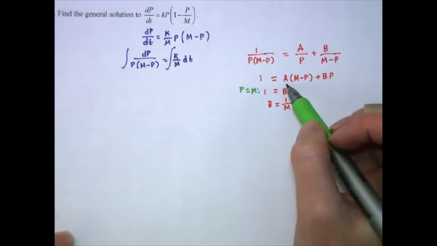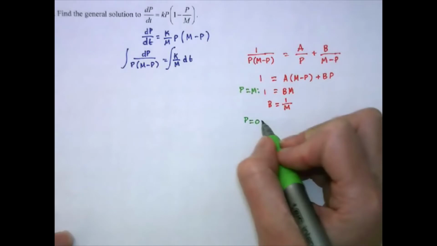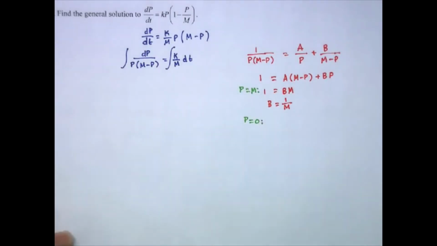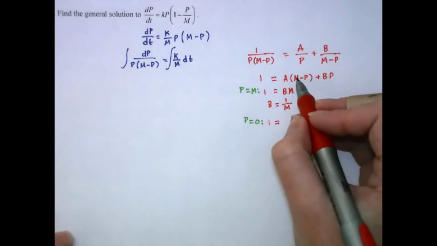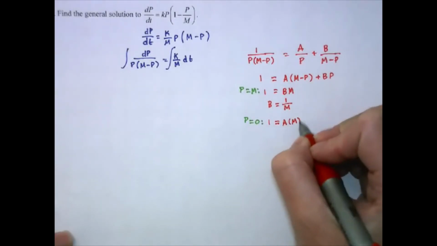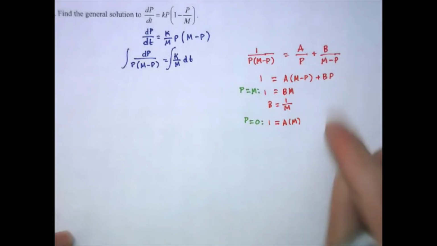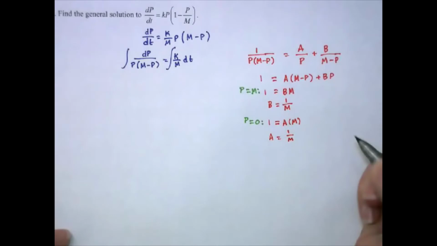Now to get a, I'm going to let p equal 0. That means 1 is going to equal m minus 0. So we're going to have a times m, and then that goes away, which means a is also 1 over m.